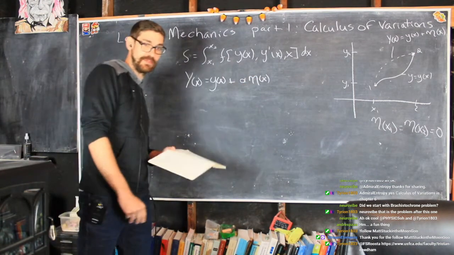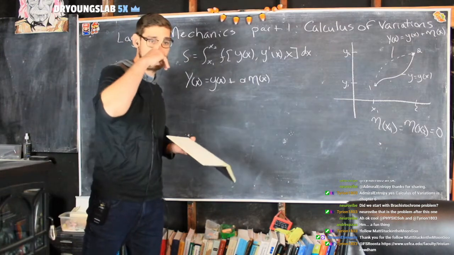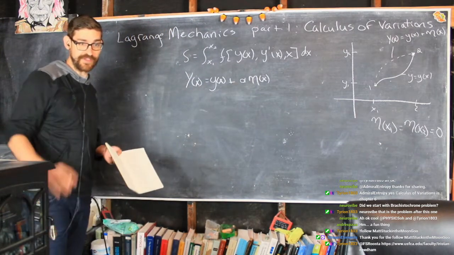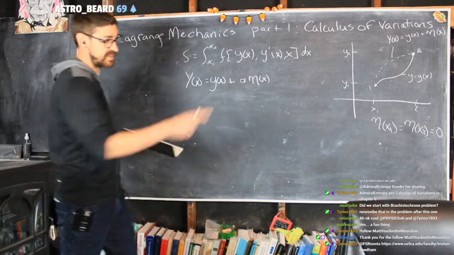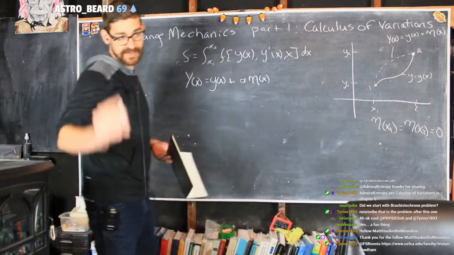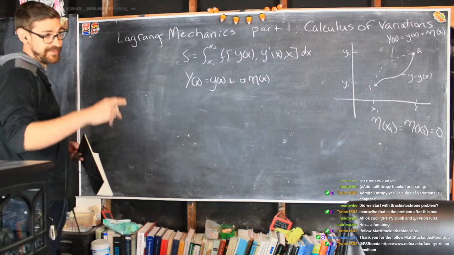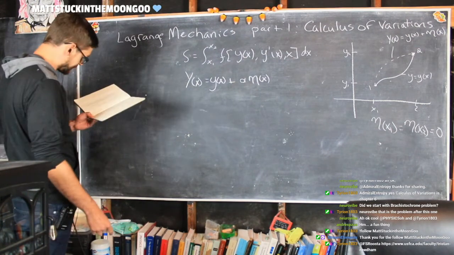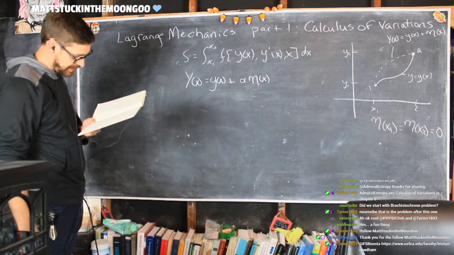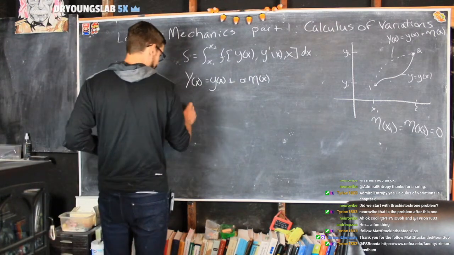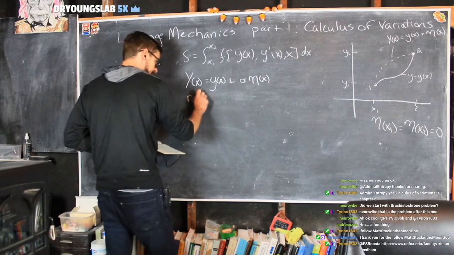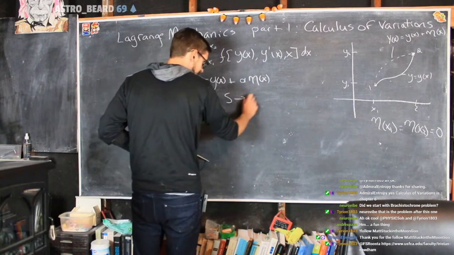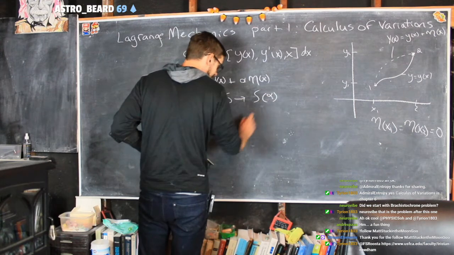We can just change the parameter as it wants to be, and understand how the function changes, for any eta, based off of our choice of alpha. So now we can redefine S to a function S of alpha.